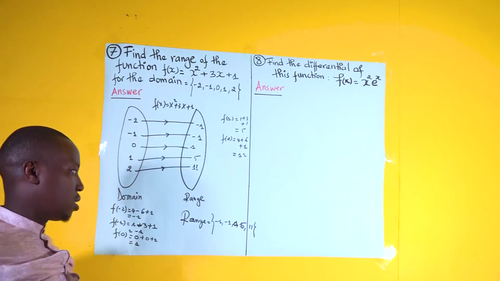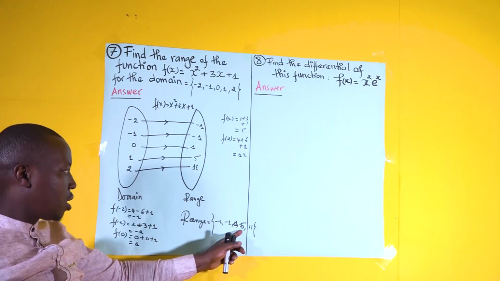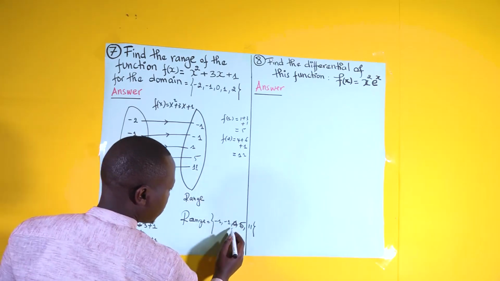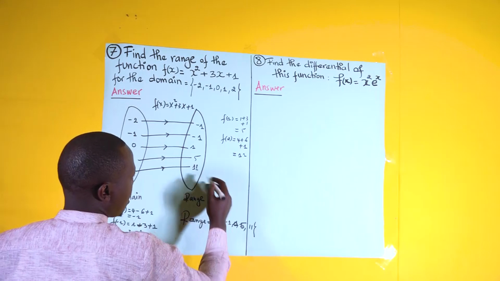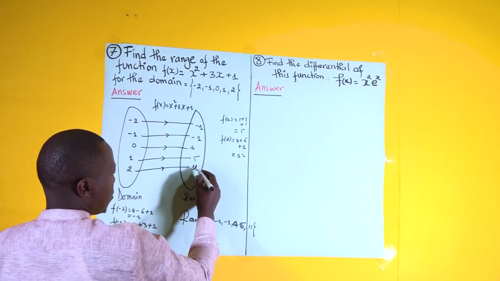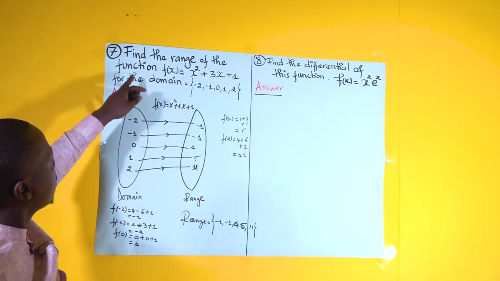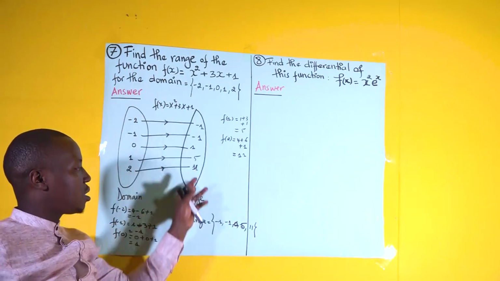So this set is the range. Yeah, these are the numbers that form the set range. We are asked to find the range for this function. It is not real numbers.